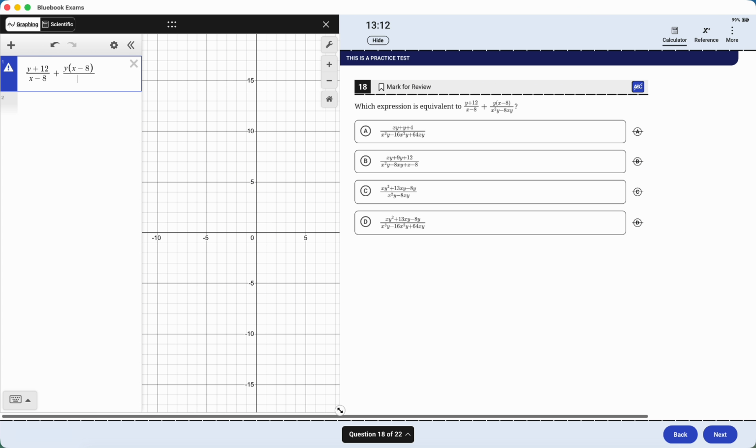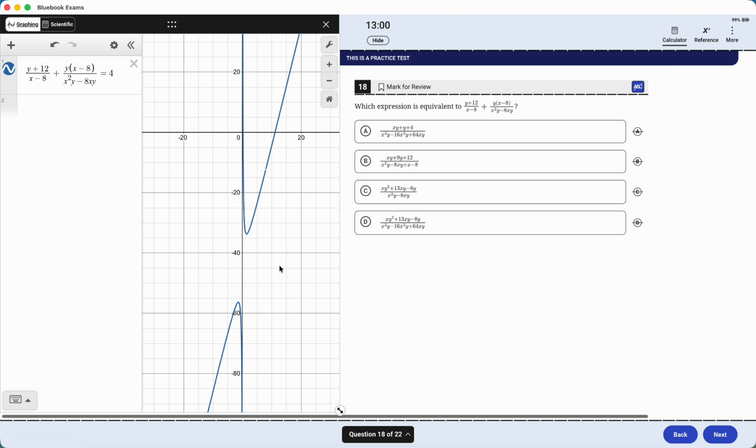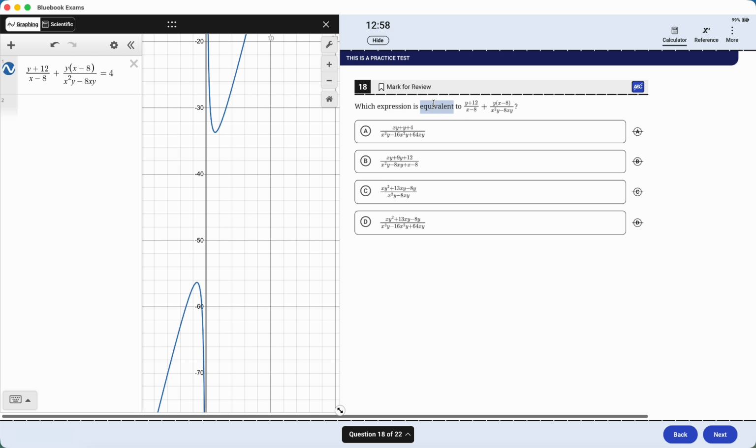But here's how you do this in a really, really efficient way, right? x squared y minus 8xy. Desmos won't draw this because when it sees x and y, it wants an equation. So just make it an equation, make it equal to a number, like 4 here, and then I see a graph. Now, because of this word equivalent, right, equivalent just means one of these answer choices must be the same as this. I just put these answer choices in, also set them equal to 4, and one of them will be the same, right?